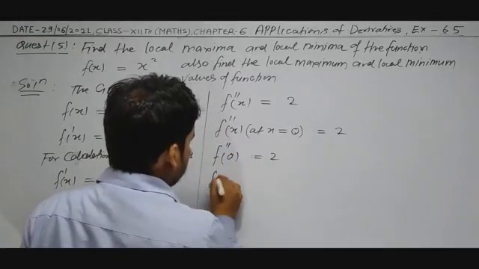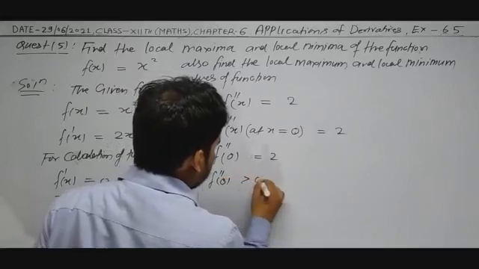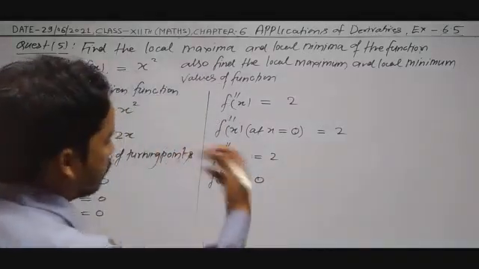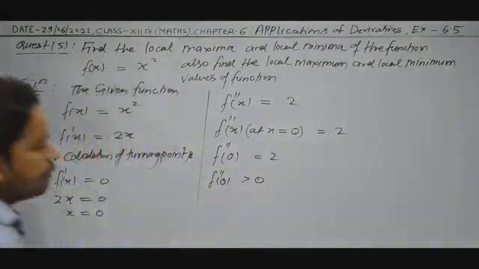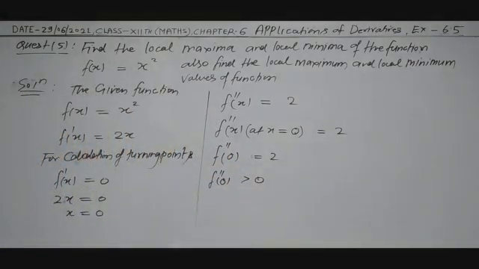So f double dash 0 is greater than 0 at x = 0. So the function attained the minimum value at x = 0.